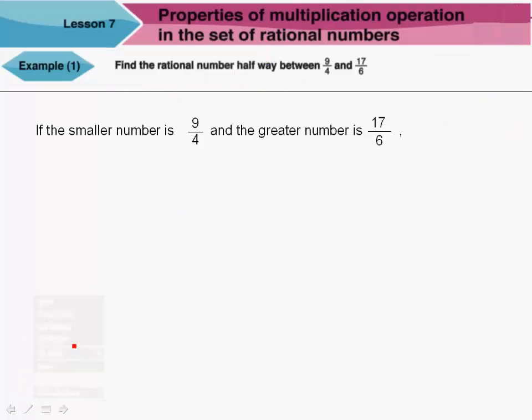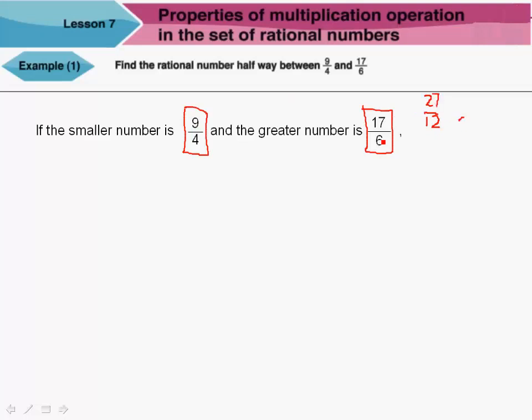So let us start with this one. We say if the smaller number is 9/4 and the greater number is 17/6. How can you know? Of course, we have to make the same denominator. Same denominator will be 12. So for this, 4 times 3 is 12. And we must multiply 9 times 3, which gives 27.